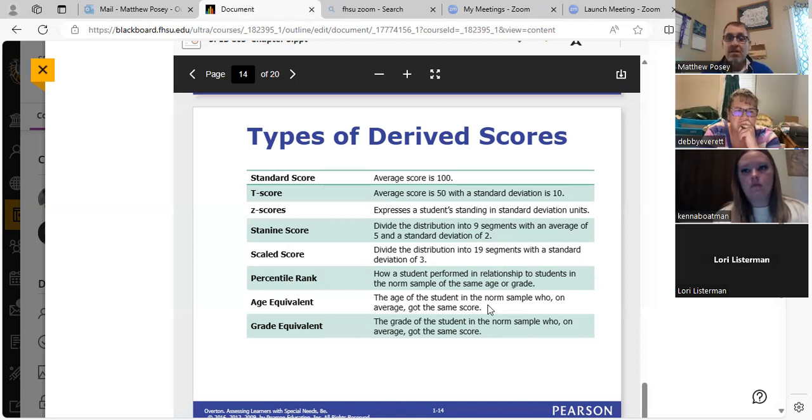I'm just throwing that out there. On that particular subtest, your age equivalency is, say you scored 19 and so many months. So you scored well above what your actual chronological age is.